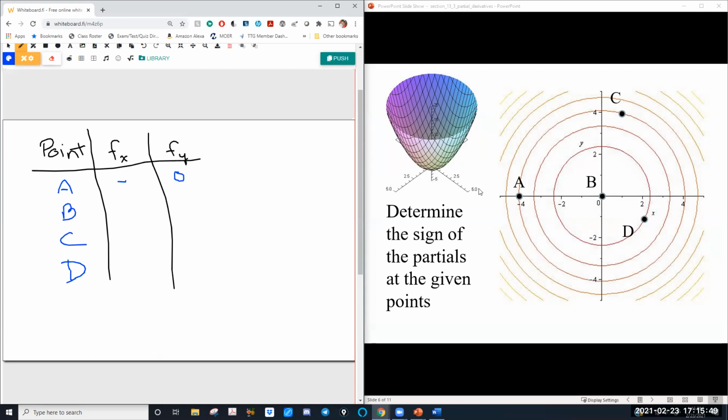Now, point B, notice we'd be at the bottom of our paraboloid. So at the bottom of our paraboloid is going to be the one place where both of our partials are going to be 0, because again, it's an instantaneous rate of change. We talk about tangent lines a lot in Calc 1. Today, we're going to start to talk about tangent planes.